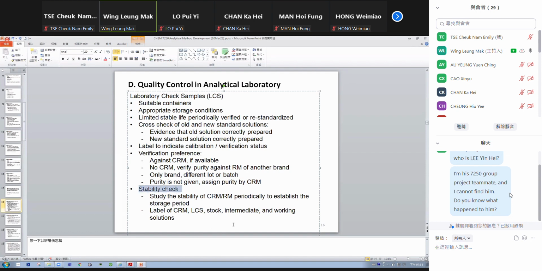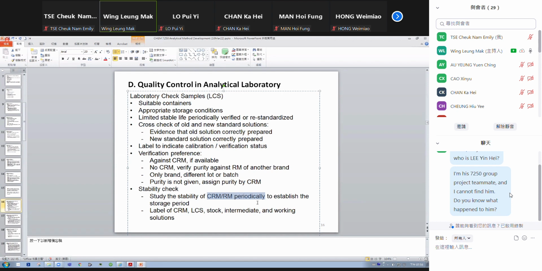Stability check. You check the chemicals you bought should be stable for the CRM, like our canned food. Normally, we'll have the expiry date, okay? Before the expiry date, the quality can be obtained. Otherwise, it cannot be used anymore.